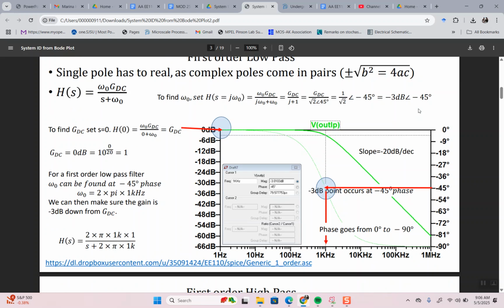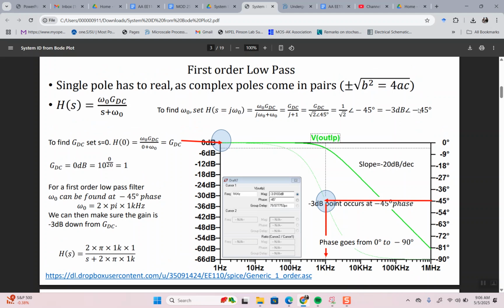So for a first order low pass, the thing you're looking for is that at low frequencies it's constant and then it rolls off at minus 20 dB per decade.